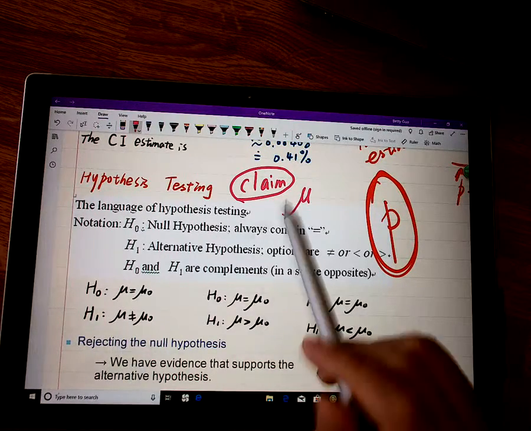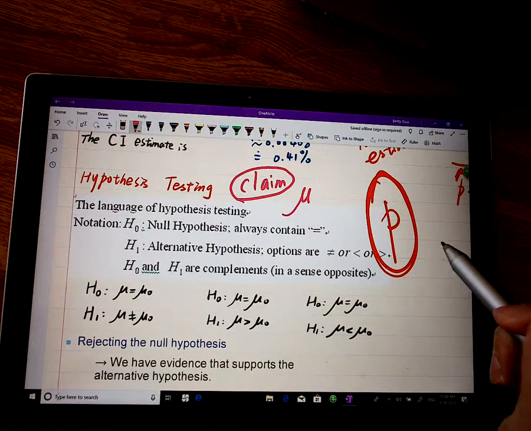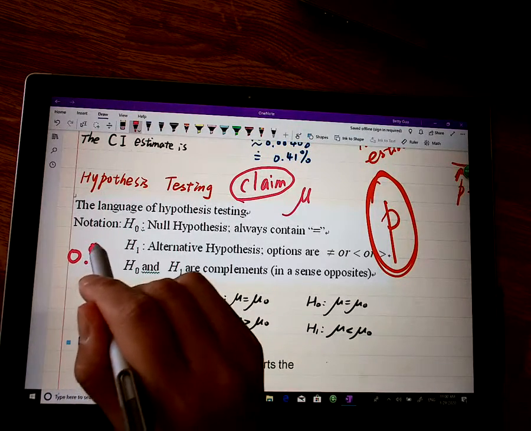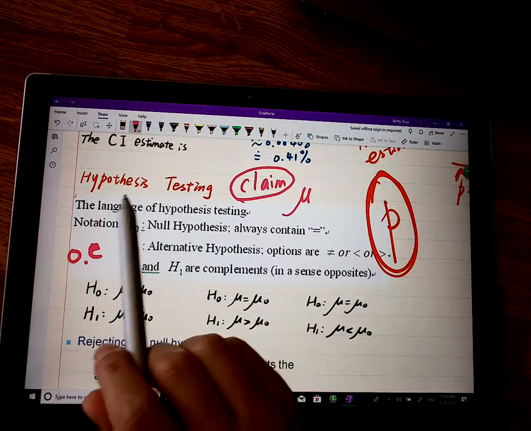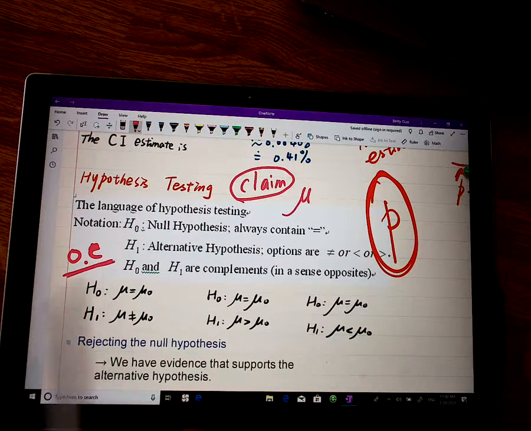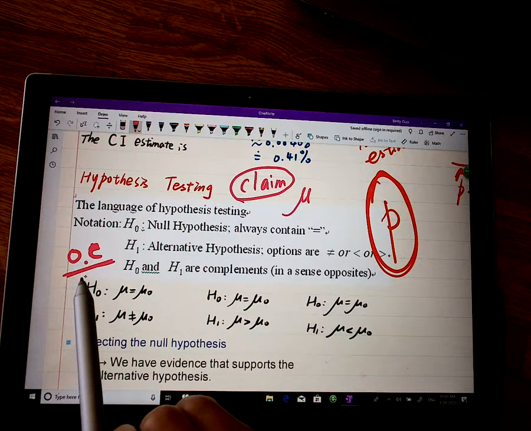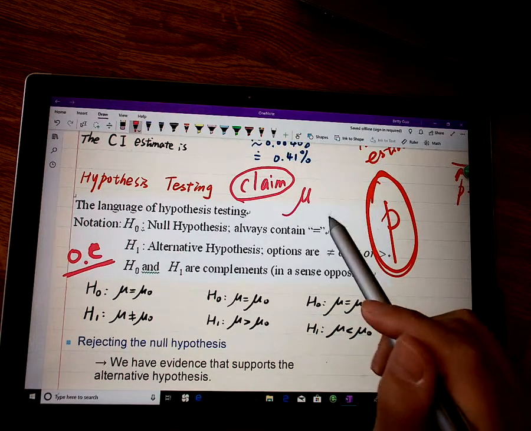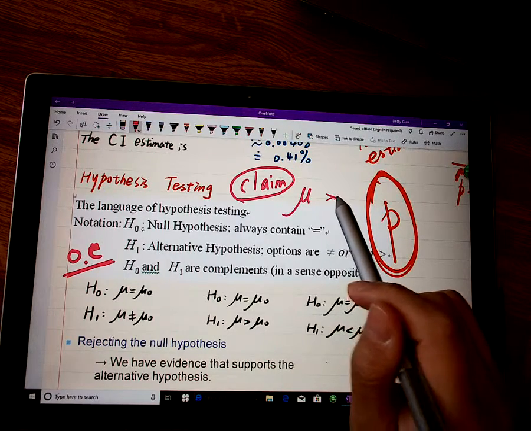So firstly, you would have an original claim, OC. Okay, OC is original claim. This is the process of hypothesis testing. Always start from the original claim. The original claim could be written as an expression with mu. Maybe mu bigger than a number, or mu less than a number, or mu equals a number.